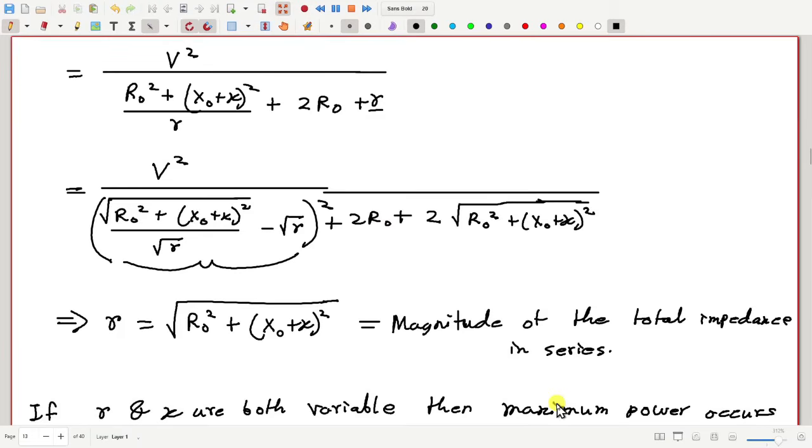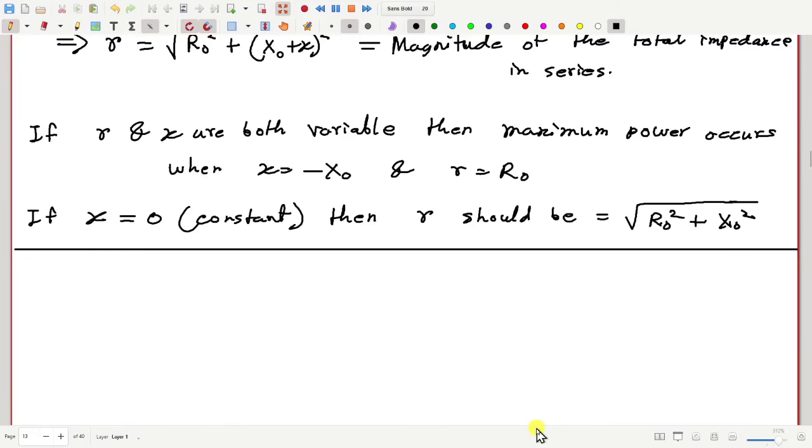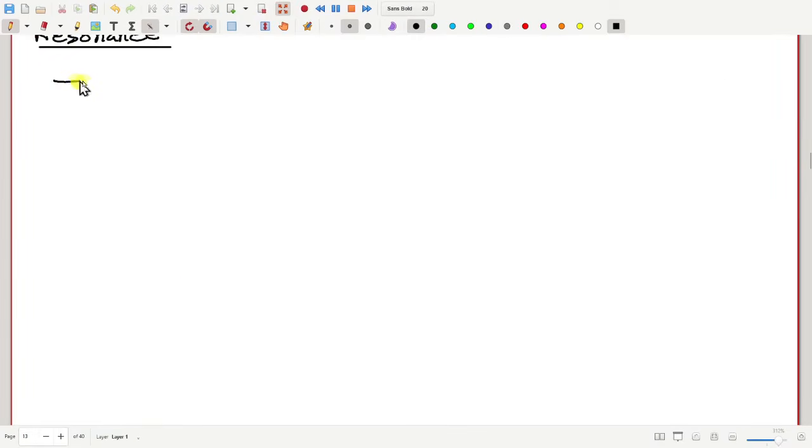So now let me talk about something new, which is called resonance. If we have an inductor, and the inductance is L, then the impedance is j omega L, and if we have a capacitor, capacitance C, then the impedance is minus j by omega C. Both are imaginary, but one positive, another negative.